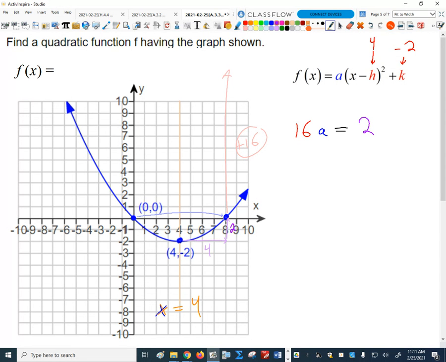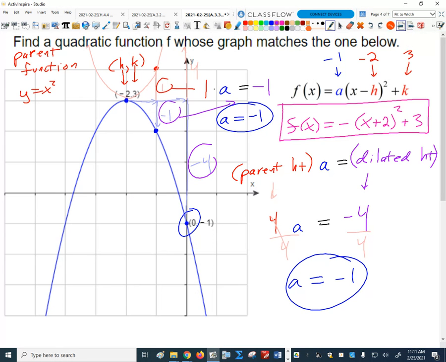Do you see how we set that up? Give me a 1 to 5 on that. Okay. Everybody, type it in if you're not showing me fingers. Okay, good. And remember, where's that coming from? It's just this parent height times the dilation factor gives us our stretched or compressed height, our dilated height, right?